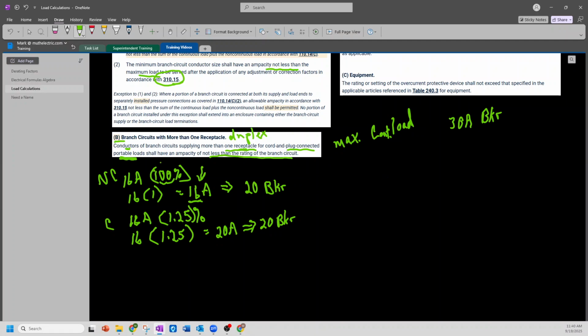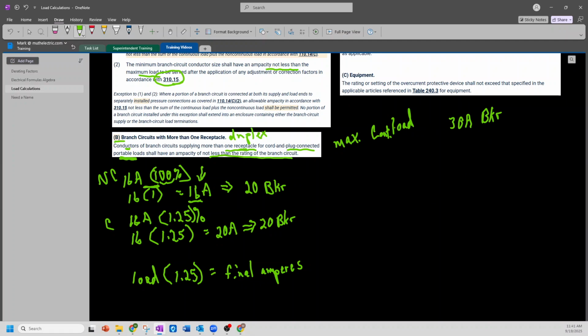We're not going to multiply like we did over here, because here we had our load and we had our 125%, and that gave us our final amperes.